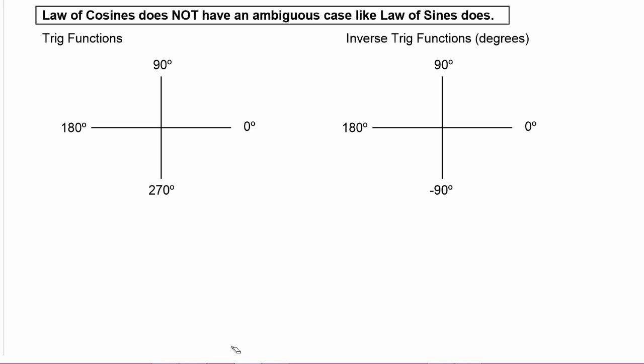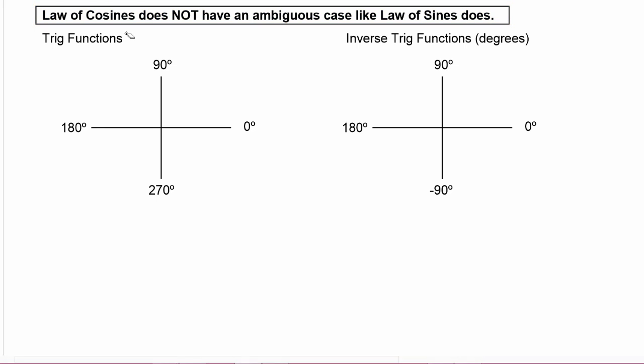One big difference between the law of cosines and the law of sines is that the law of cosines does not have an ambiguous case like the law of sines does. So let's explore why that is.